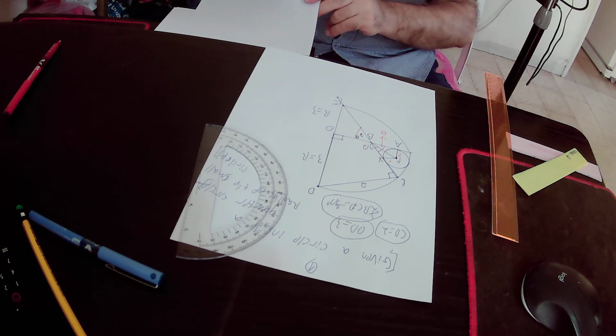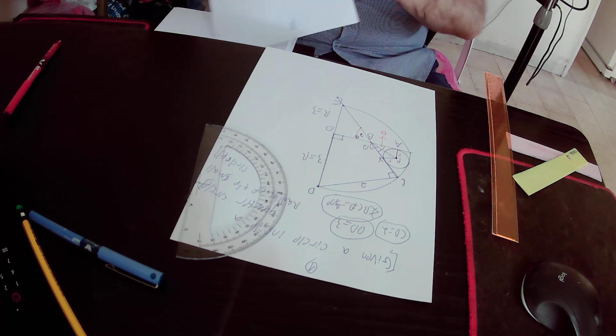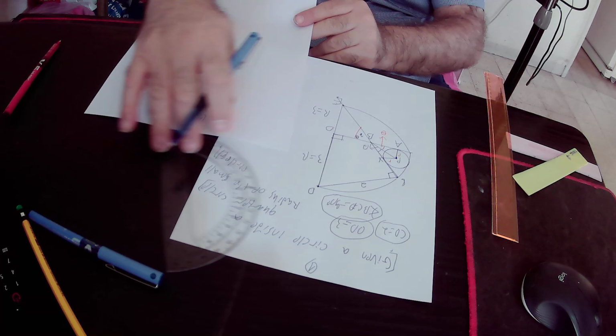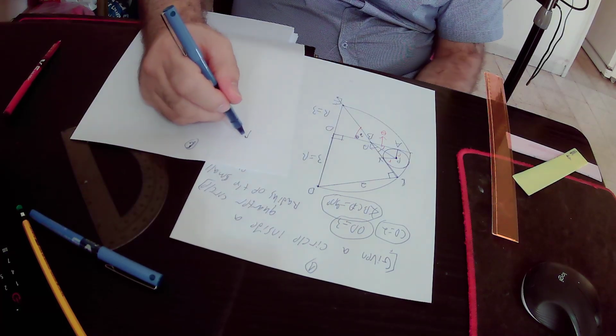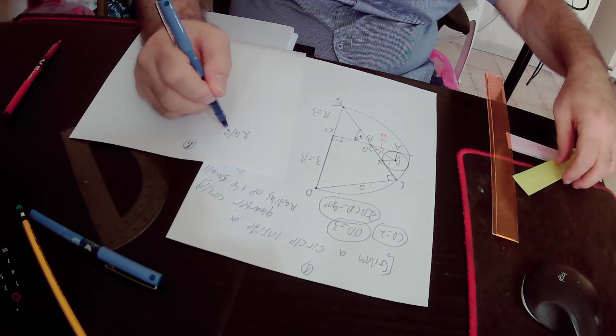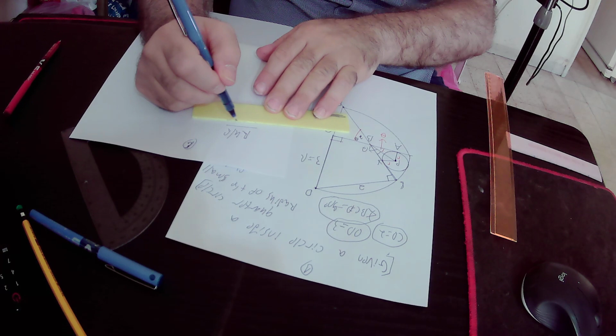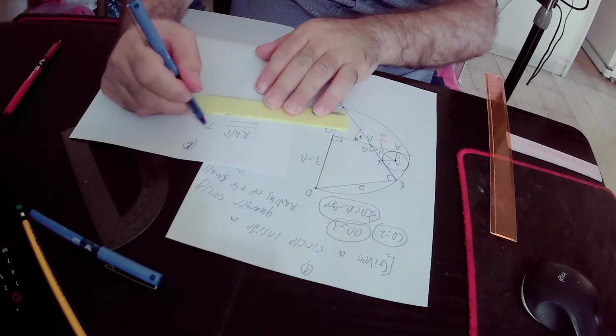So I write it down. The rule states that the sum of the angles on a straight line is equal to 180 degrees.